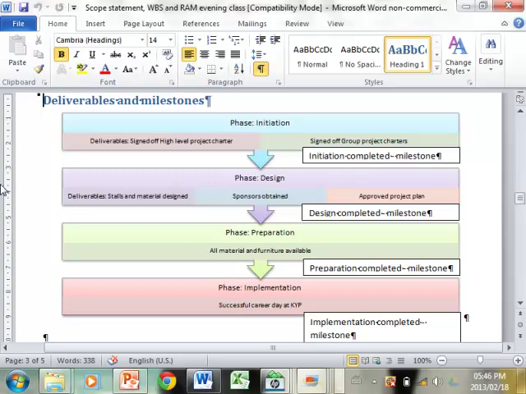And then all material and furniture is available, so the preparation is completed, and then a successful career day, and then the implementation milestone is completed. So does everybody now understand what is a phase, what is a deliverable, and what is a milestone?